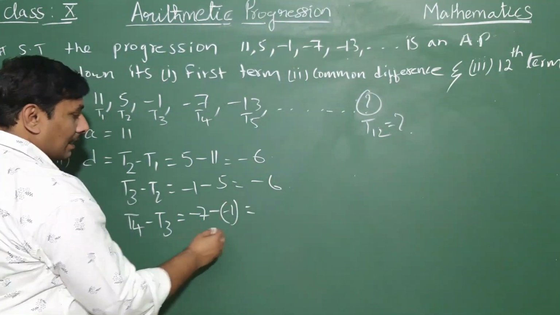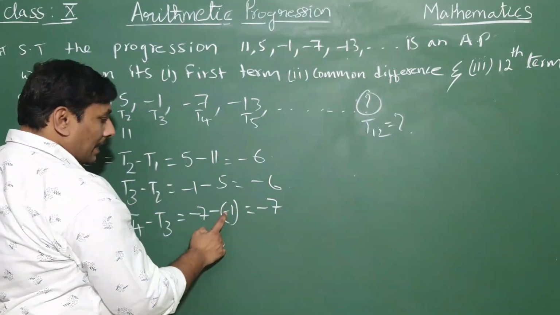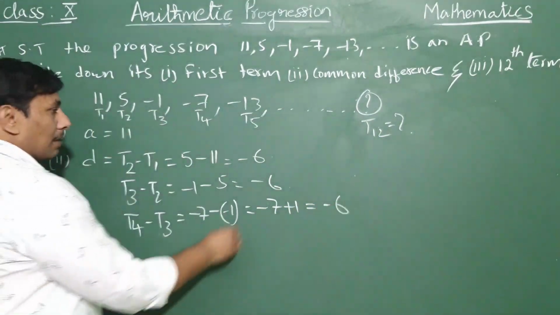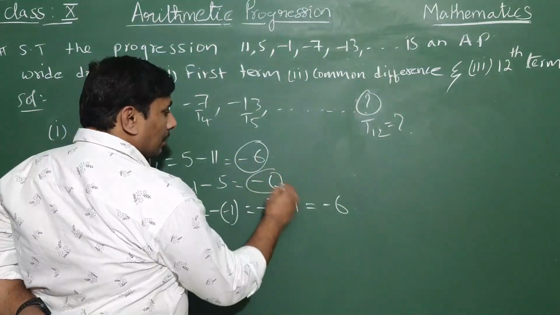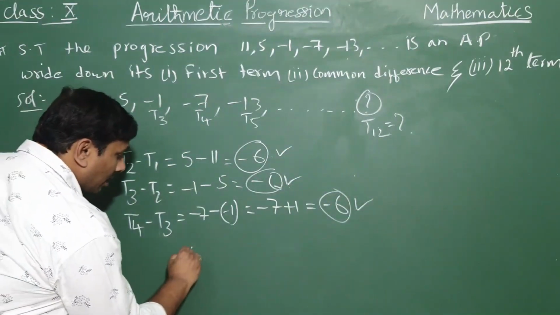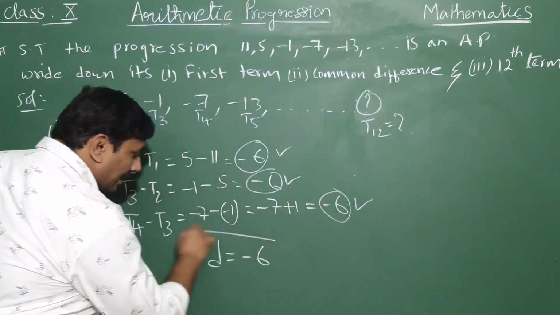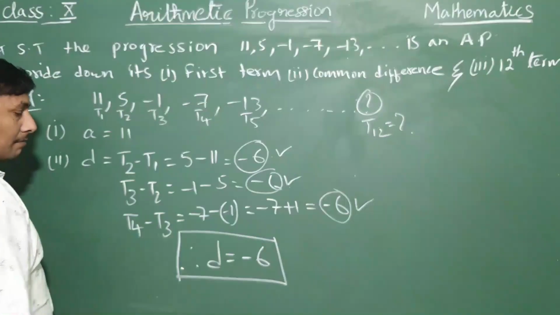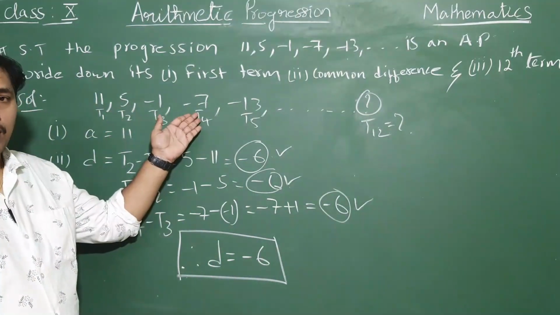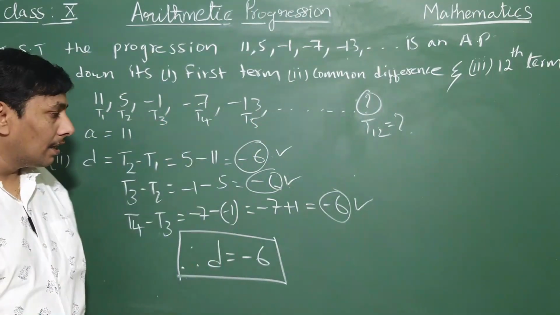Minus 7 minus minus 1 becomes plus 1, which is again minus 6. Now if you observe, the common difference is minus 6. Therefore it is a constant, and we can say this whole given progression is an arithmetic progression.